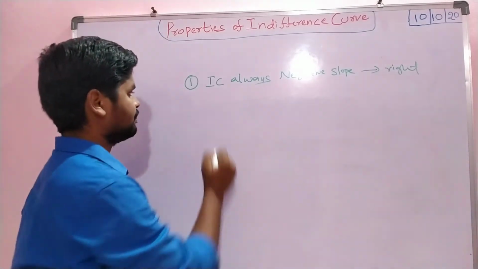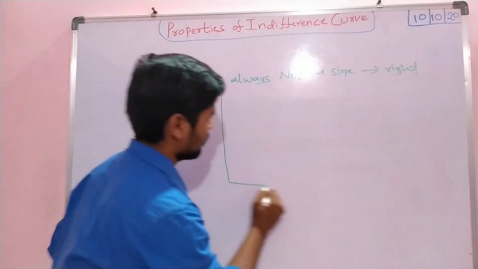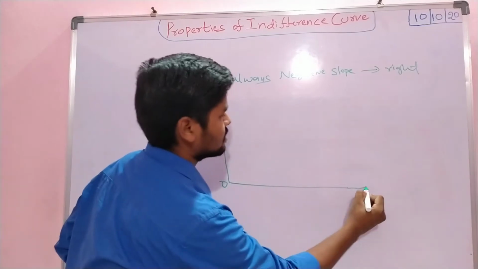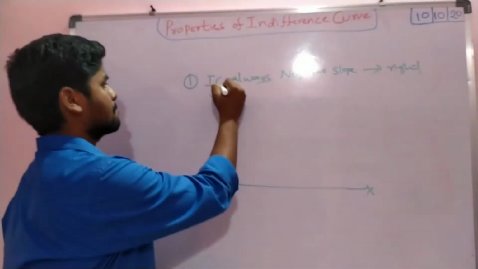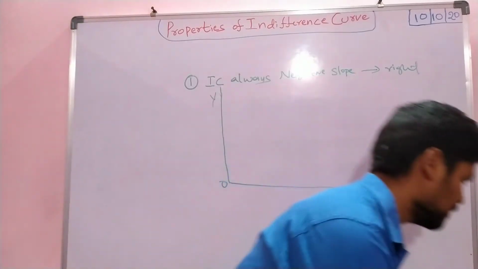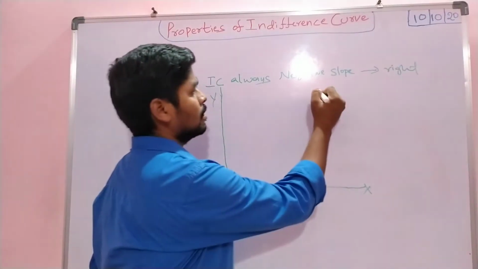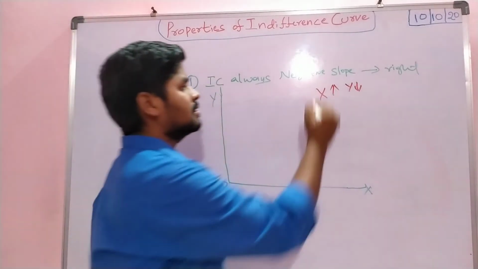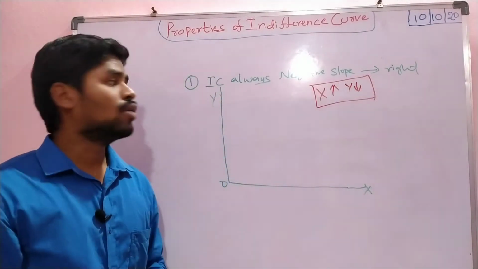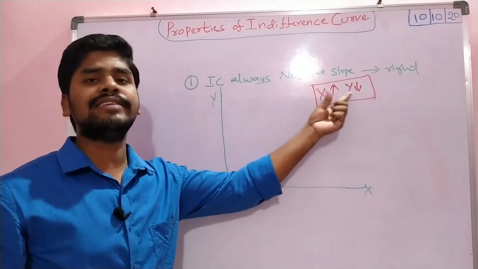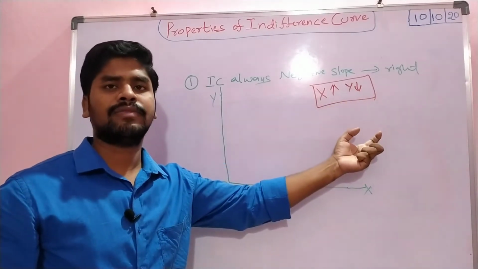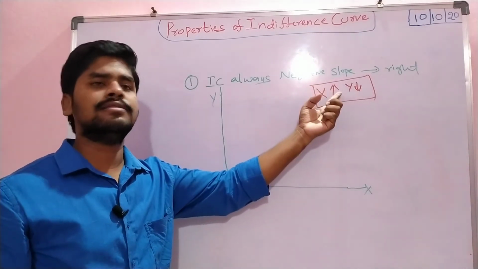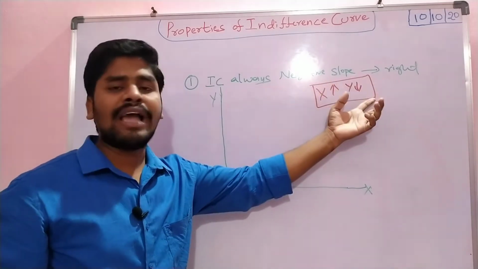How is it? Let's see here. This is the OY axis, this is the OX axis. If you take X and Y, when X increases, Y decreases. That is, when the combination of X good increases, the combination of Y good diminishes or is reduced.